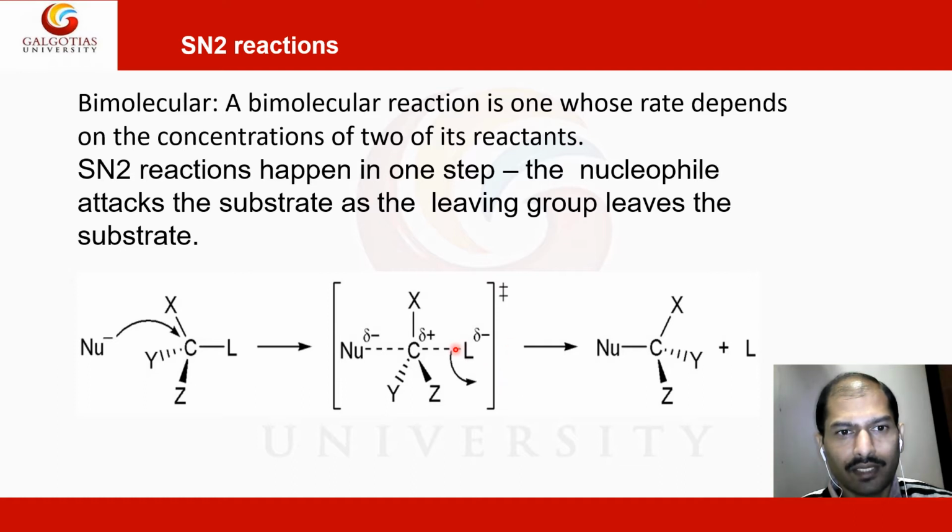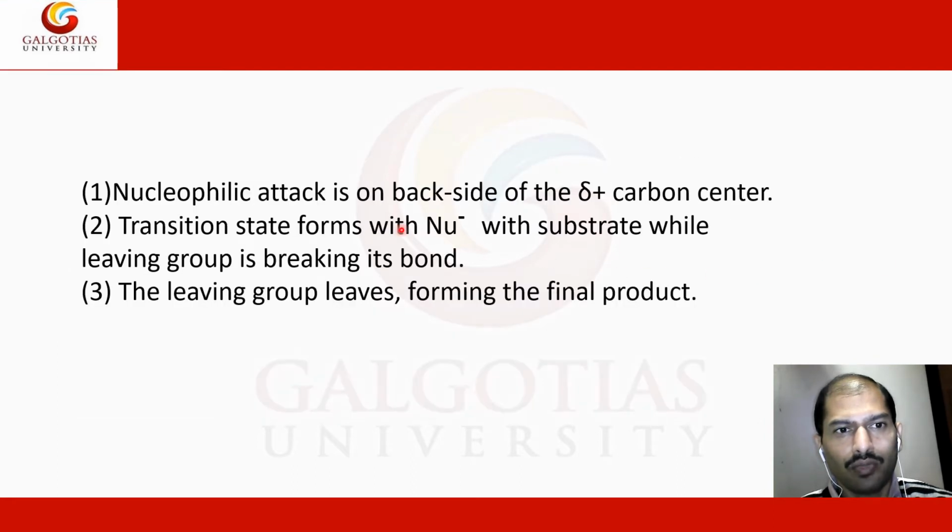Here you can see by this mechanism the new product forms after replacing the substituted group. The nucleophile is being attached to the carbon atom. The nucleophile always attacks on the back side of the delta carbon center, and the transition state forms with the nucleophile and substrate while the leaving group is breaking its bond.